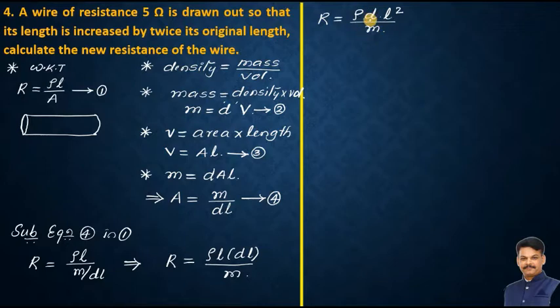Therefore, all these things for a particular material of the wire are constants. Instead of these 3 terms, I can write K into L square. Or it can be written as resistance is directly proportional to length square. A very, very important relationship which we have obtained.